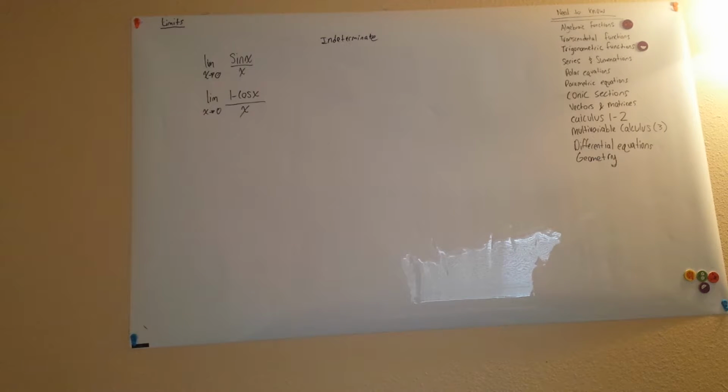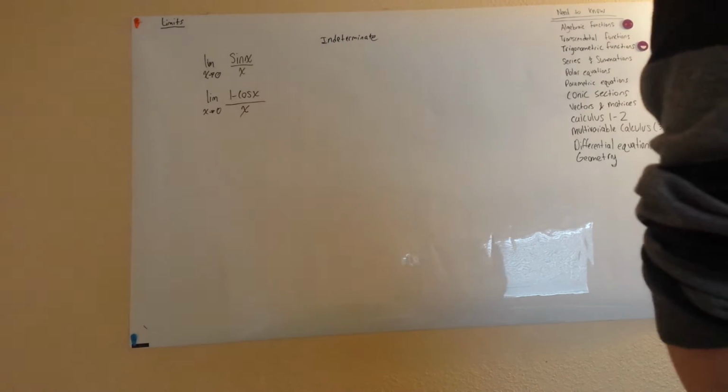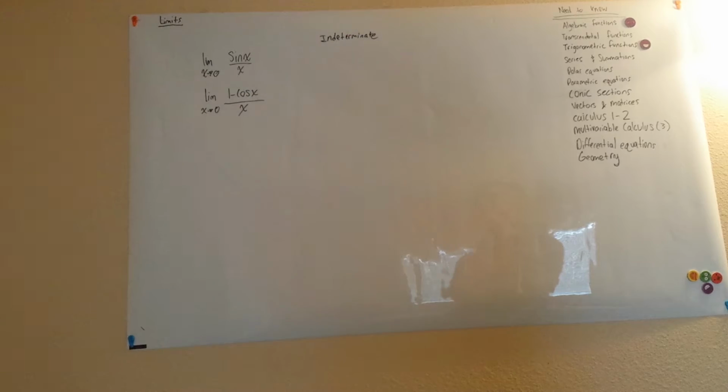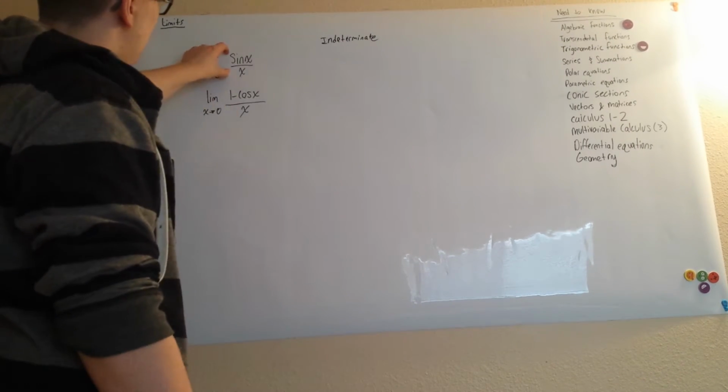Now, honestly, there's a mathematical proof for these using the squeeze theorem. I personally don't use squeeze theorem. We can just find this out graphically. And using a graphing calculator, you can plot these.